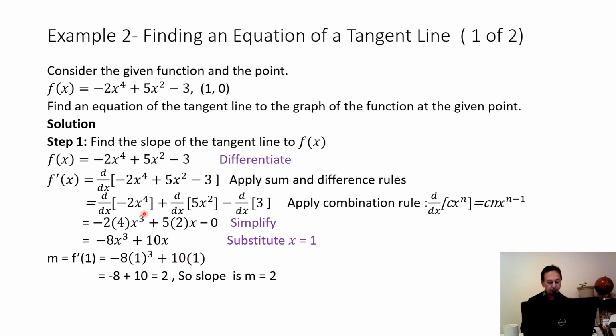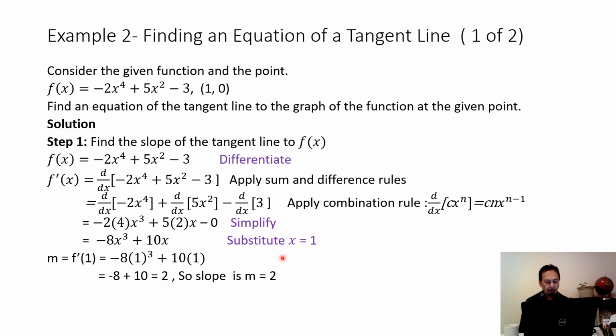So we apply this rule: negative 2 times 4 times x to the 4 minus 1, which is 3, plus 5 times 2 times x to the 2 minus 1, which is 1. The derivative of 3 is a constant, and the derivative of a constant is 0. Now we simplify, and the first derivative f prime x is minus 8x cubed plus 10x.